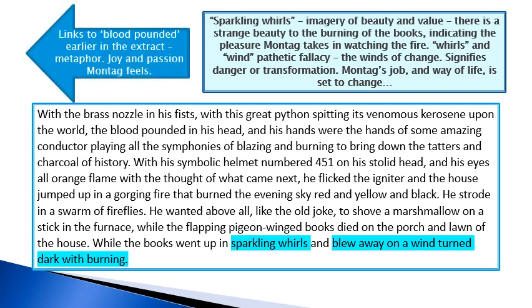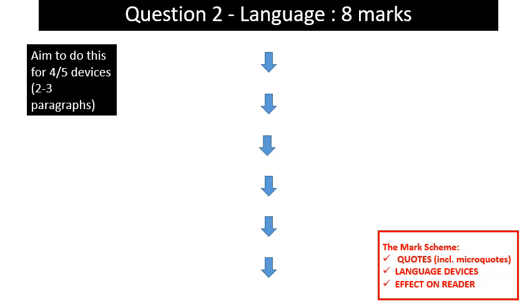And this links to blood pounded earlier on in the extract, the idea that he feels joy and passion when he describes the blood pounding in his head, the impact it has on him. So that metaphor again, that hyperbole of the blood pounding, emphasises the pleasure he takes.